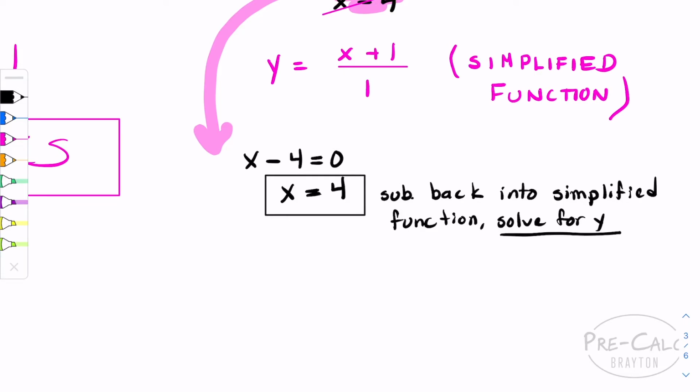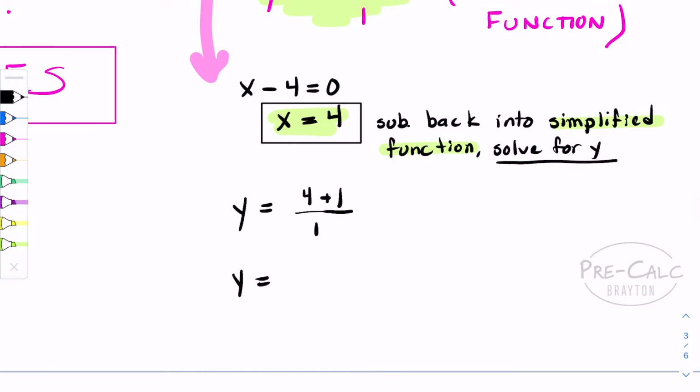Once we substitute this back into y, we are actually substituting x equals 4 back into the simplified function. So make sure you get that correct as far as which one you're substituting it back into. That means y is equal to 4 plus 1 over 1, which is just y equals 5.